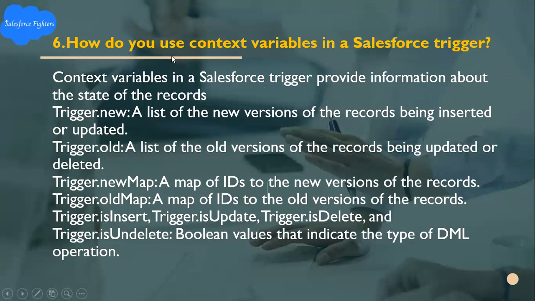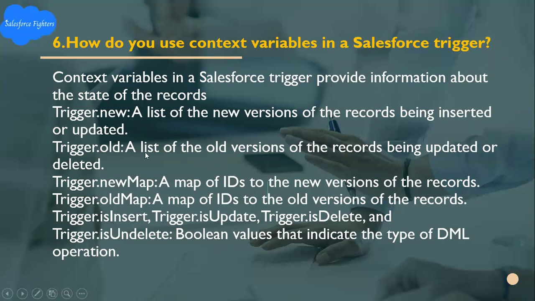Next question: how do you use context variables in Salesforce triggers? Context variables in Salesforce triggers provide information about the state of the records. Trigger.new is a list of the new versions of the records being inserted or updated.